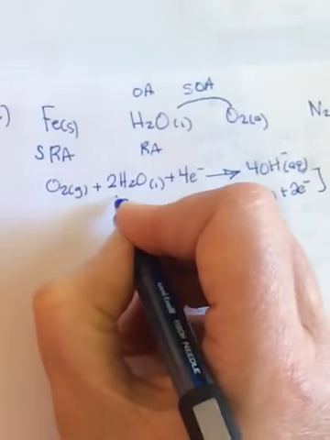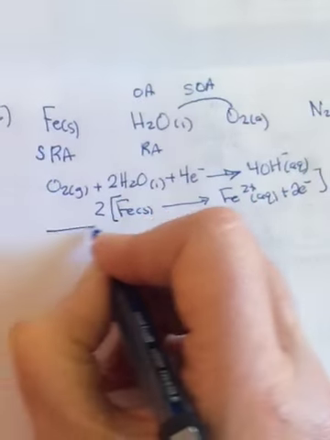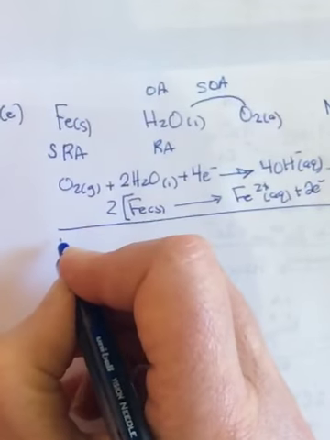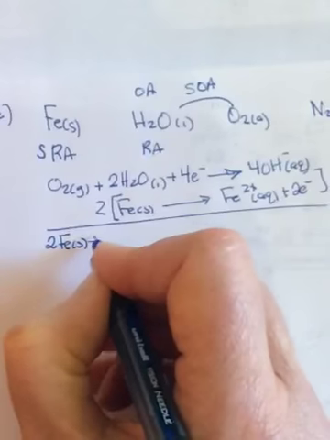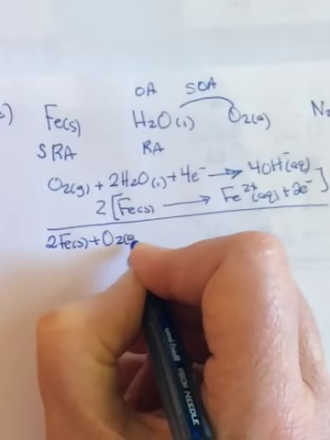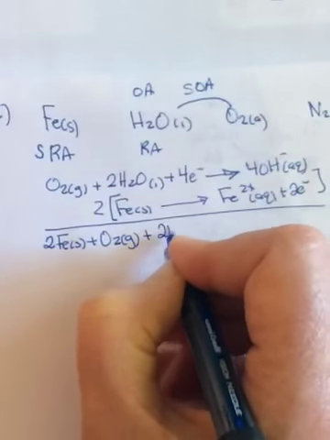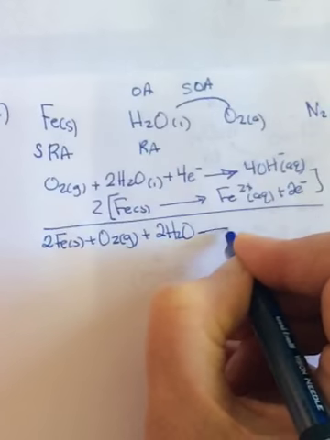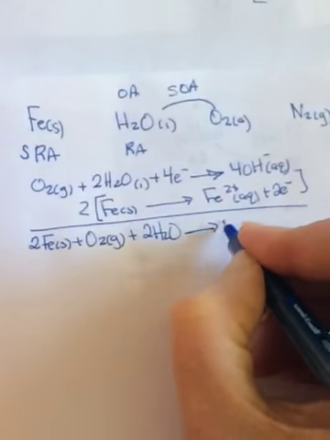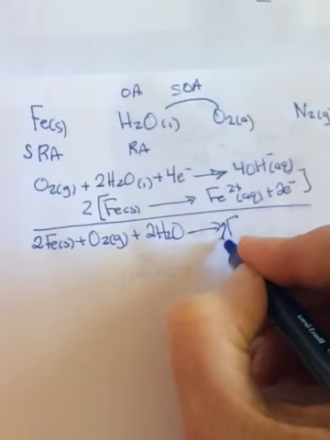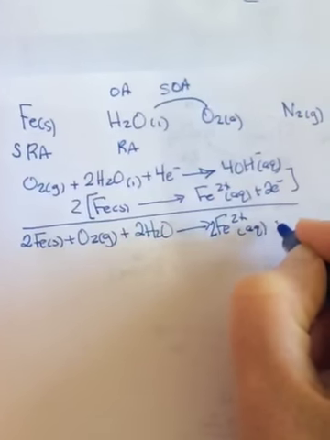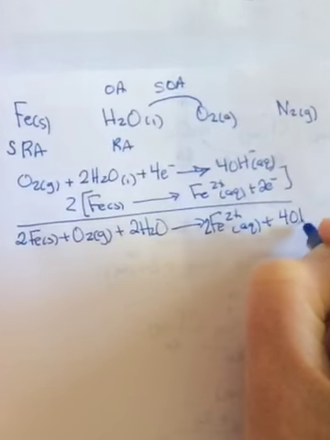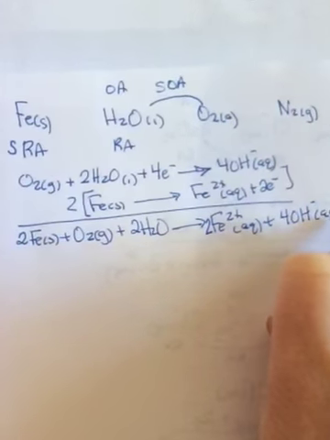This one needs to get multiplied by 2, and then we can add them together. So we'll have 2 Fe solid plus O2 gas plus 2 water going to 2 Fe2 positive aqueous plus 4 OH negative aqueous.